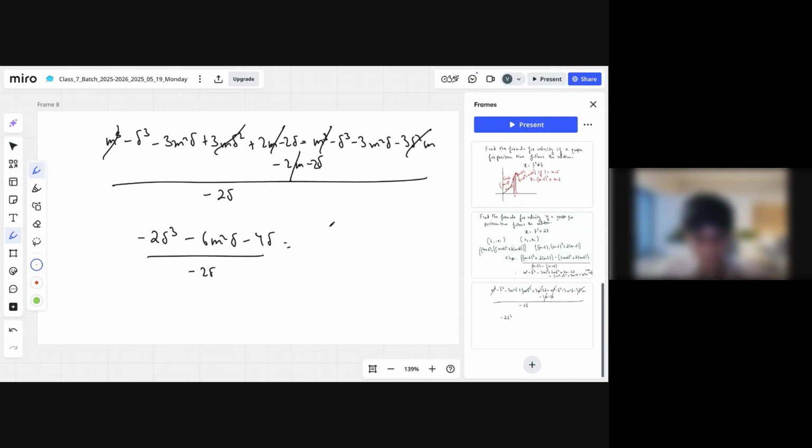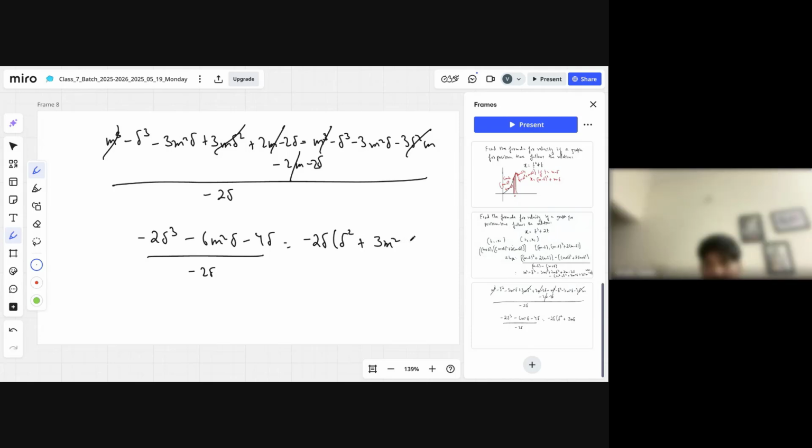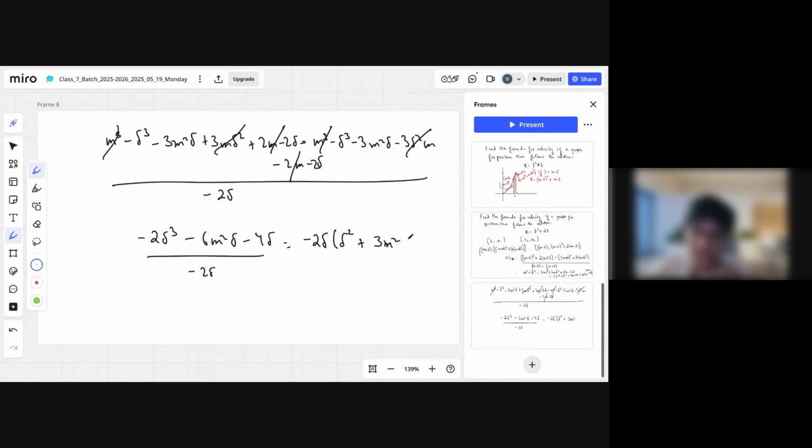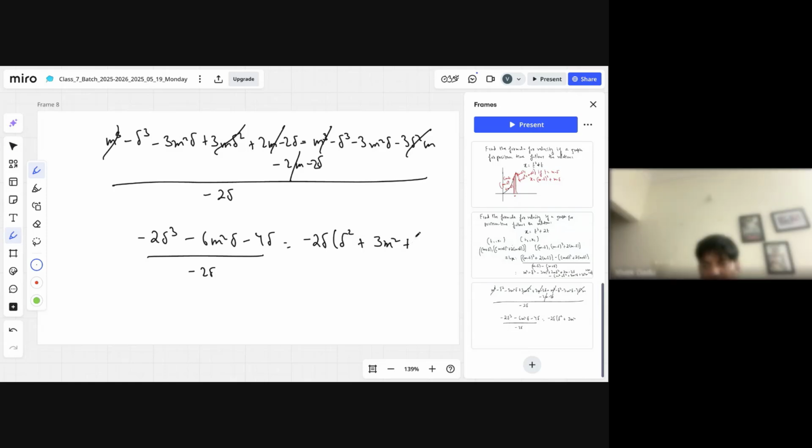Now take common from the numerator. What do you take? Minus 2 delta. So what is left over? Delta squared plus 3m squared plus 2.